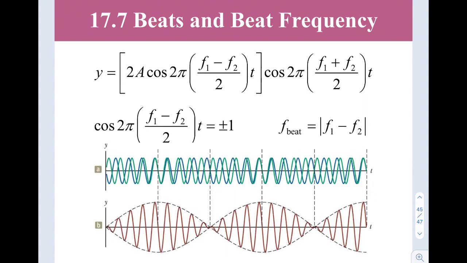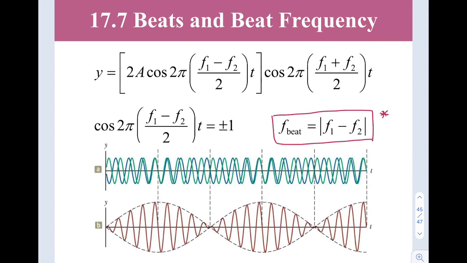Finally, you will get this as your solution, cos of 2 pi plus minus 1. The one that is important to you is f_b equivalent to modulus of f1 minus f2. Therefore, the one that you are going to memorize is this one, not the whole process of deriving. Please memorize this one.